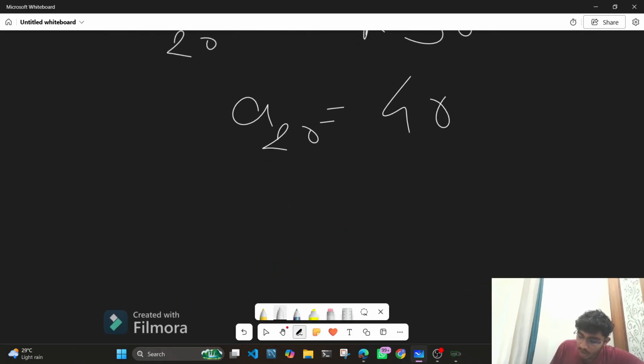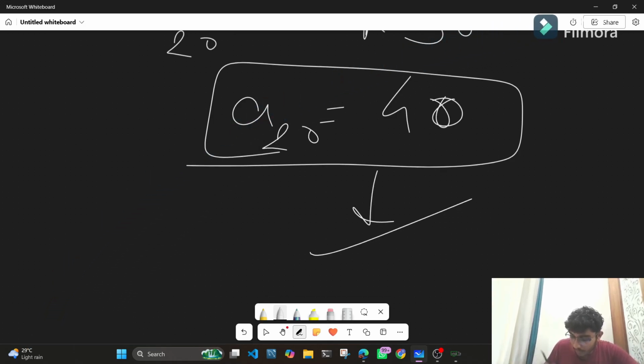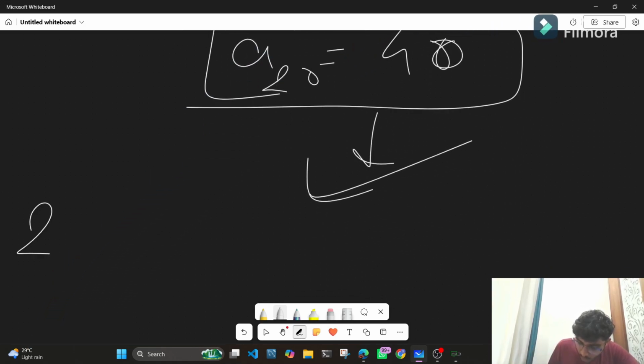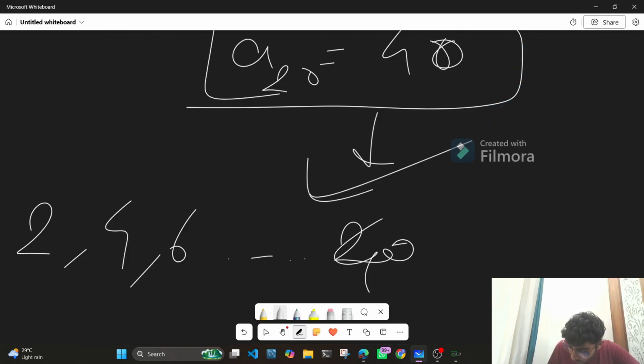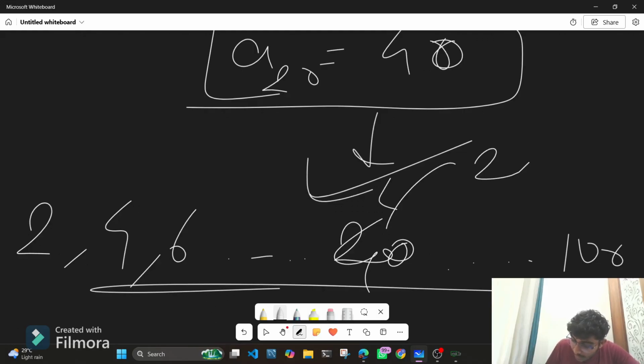So the term at the 20th place, or the 20th term of the AP, is 40. So maybe 2, 4, 6, somewhere here it would be 40, and somewhere here it would be 100. So this is the 20th term of the AP.